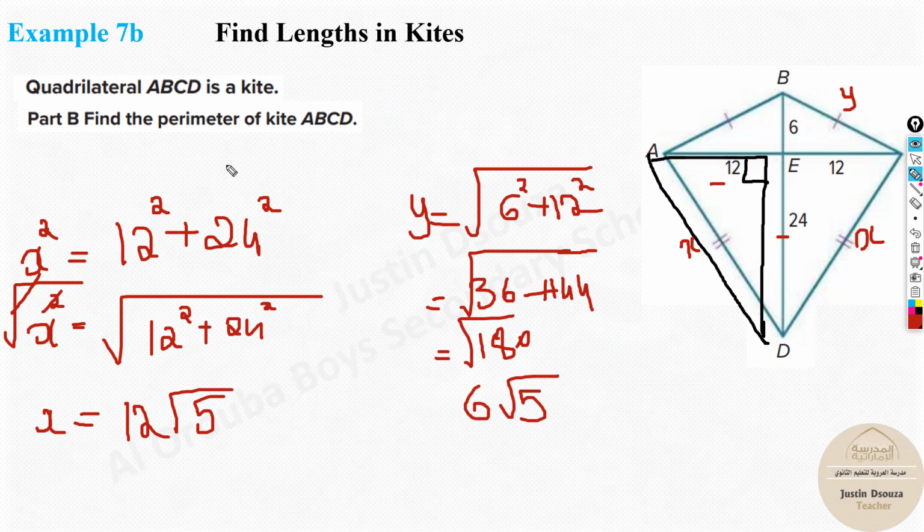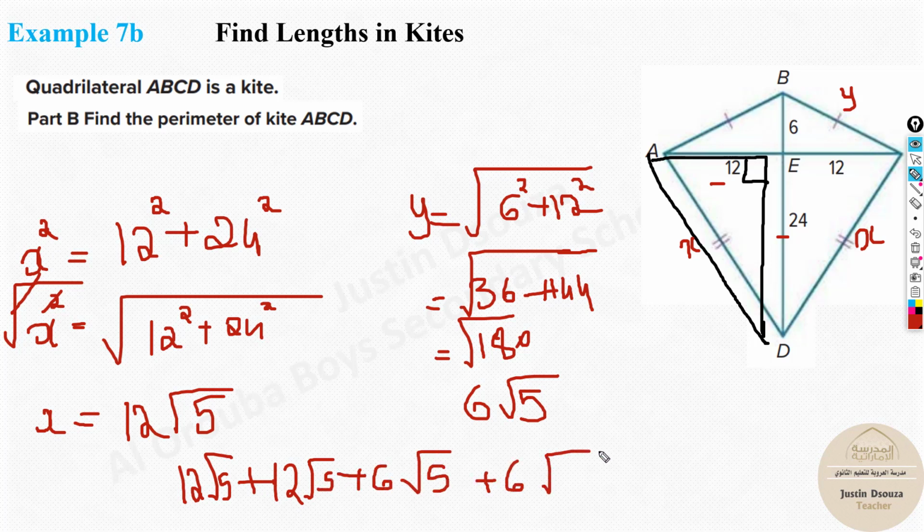Now, what is perimeter? Perimeter is the sum of all the sides, isn't it? All the sides. So add this, this, and this. So we know there is 2 times 12 root 5. Well, you just add it. 12 root 5 plus 12 root 5 plus 6 root 5 plus 6 root 5. What would be the answer?